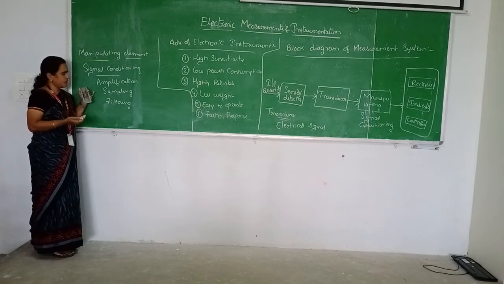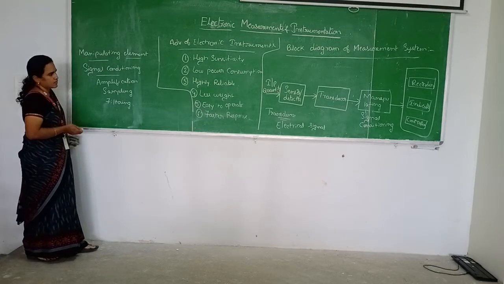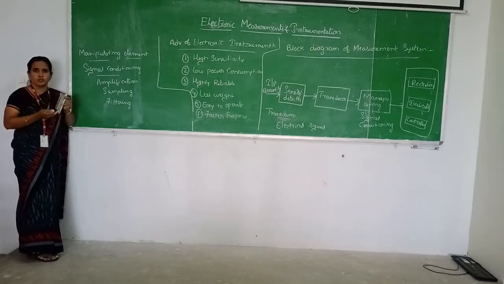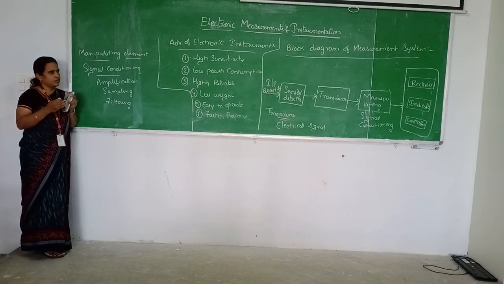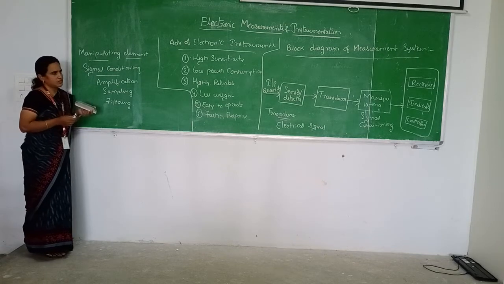In order to filter the signal, we use a filter. So this manipulating element manipulates the output of the transducer into a useful form, means a suitable form for further transmission.